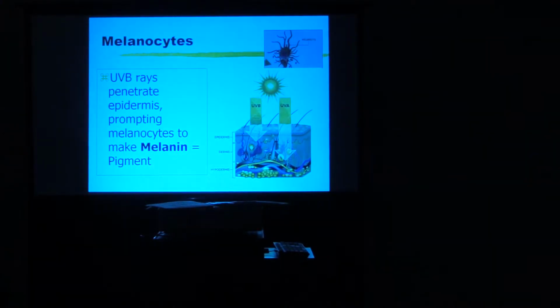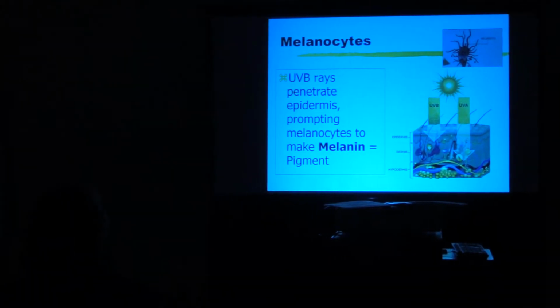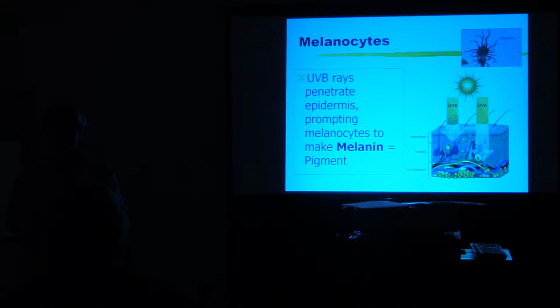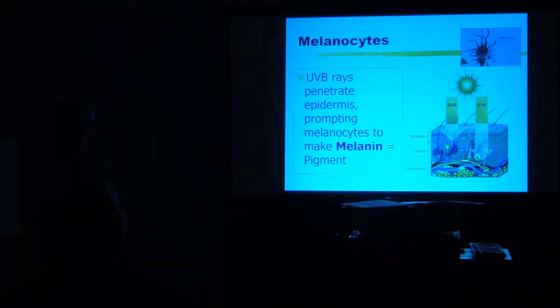We have cells called melanocytes, and those melanocytes produce melanin, which is pigment. All right, Okura, the graduate student that I worked with, would say, Dr. Ashmore is melanin challenged, which I thought was really appropriate because I am.